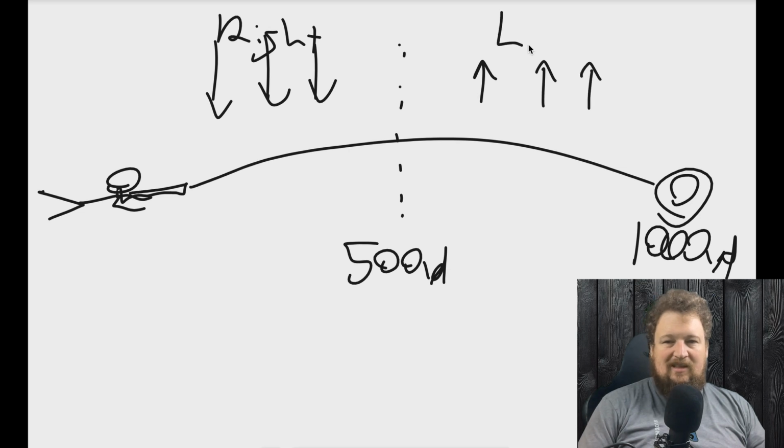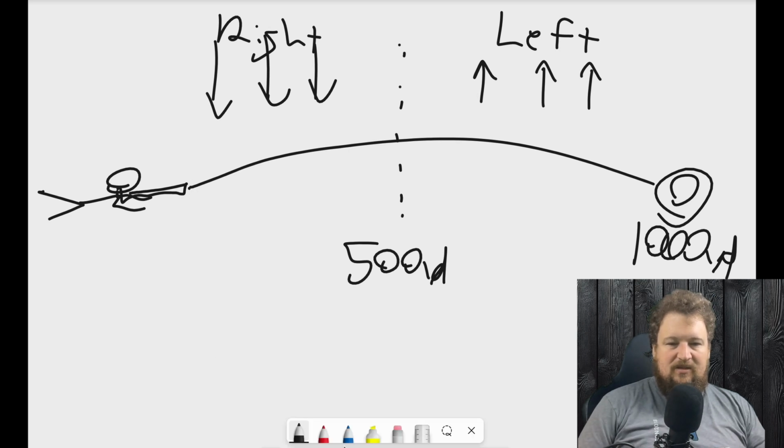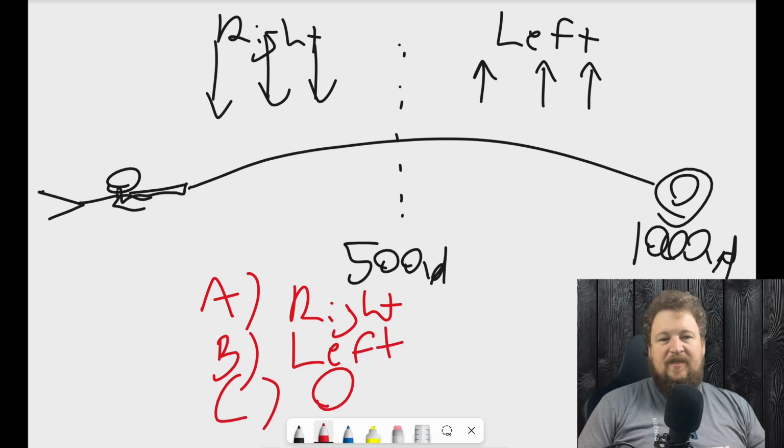The wind is blowing left. So you send this bullet. The question is, if you hold center, where will the wind hit? It could either hit right, it's A, or B, it could hit left, or C, could hit 0, dead center.